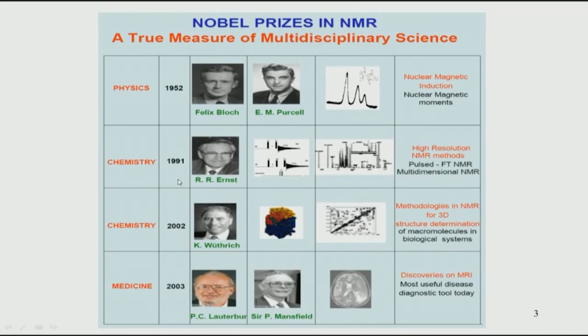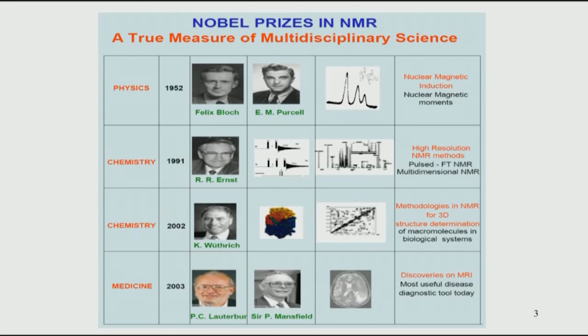Having said that, NMR spectroscopy is applicable in various fields, and therefore, a lot of Nobel Prizes have been given for different discoveries made in NMR. Starting from the beginning of NMR, in 1952, the Nobel Prize was given to Felix Bloch and Purcell, who independently and simultaneously discovered the phenomenon of NMR spectroscopy.